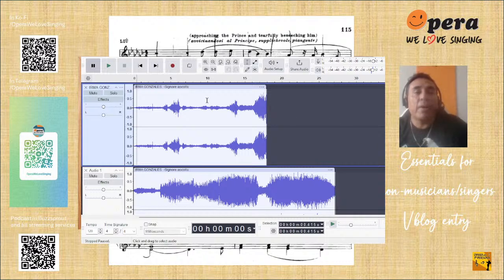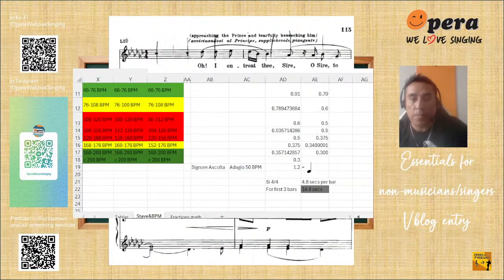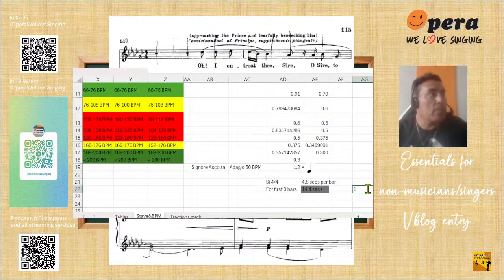And these 3 bars that we talked about, look at how much they last. They last 17.9 seconds. You notice the number here in the lower part of the screen. 17.9. And we said that we were supposed to have 14.4.